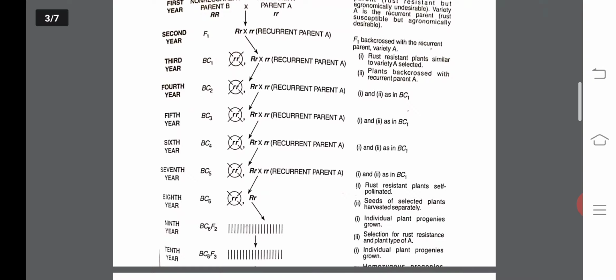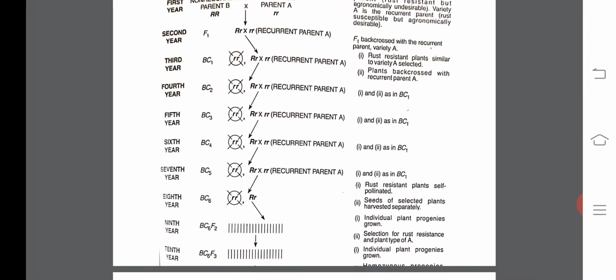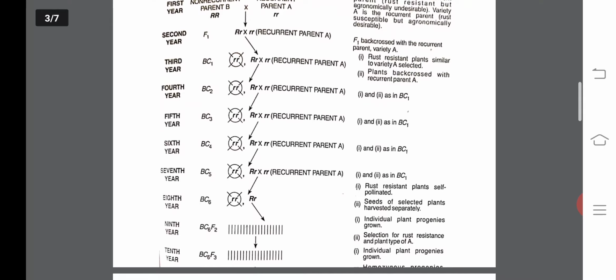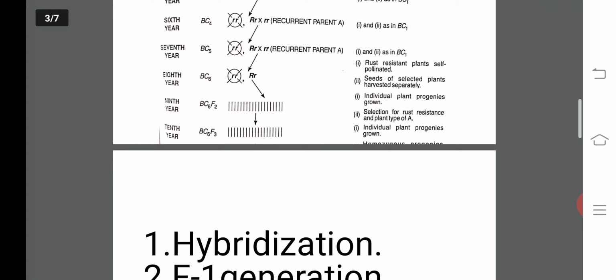So by the backcross method we get a well developed variety that is useful for the farmers.